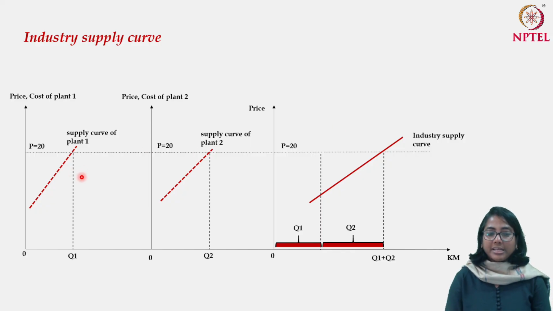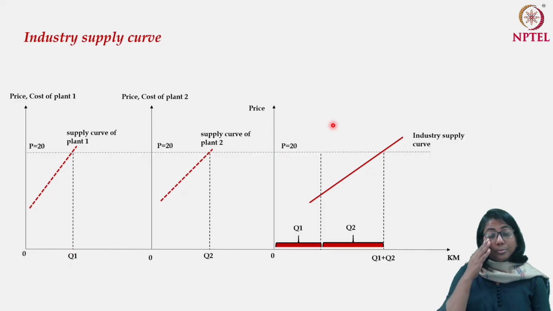If you keep on adding more and more plants to the system, after a point you will see that the industry supply curve becomes horizontal. So any amount of quantity can be supplied at a particular price by the industry.